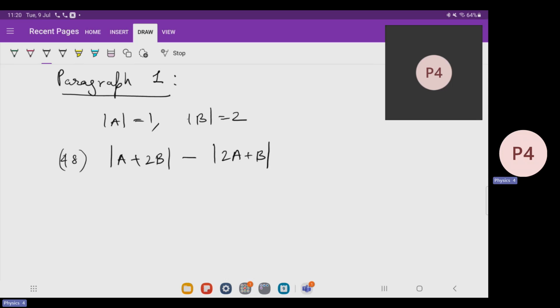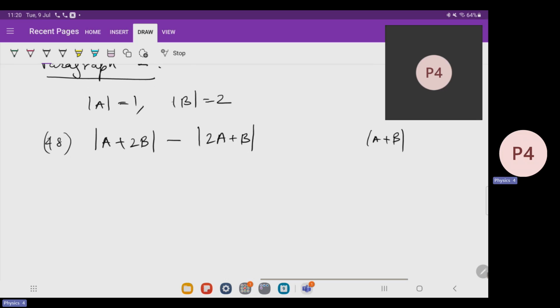Now, the formula to expand the determinant A plus B, we don't really have a property for that. Right? So, if you see, there is a pattern here.